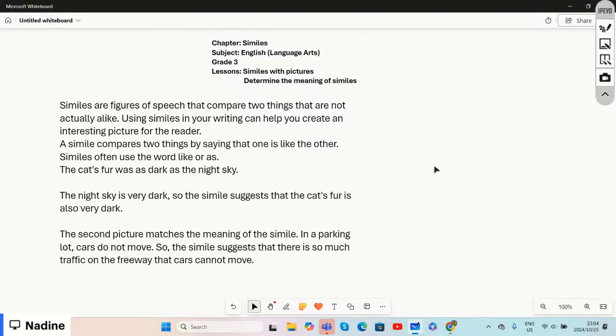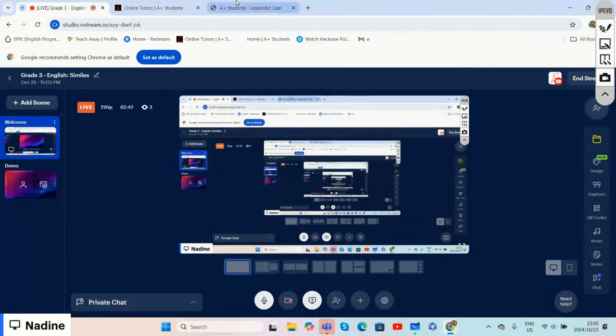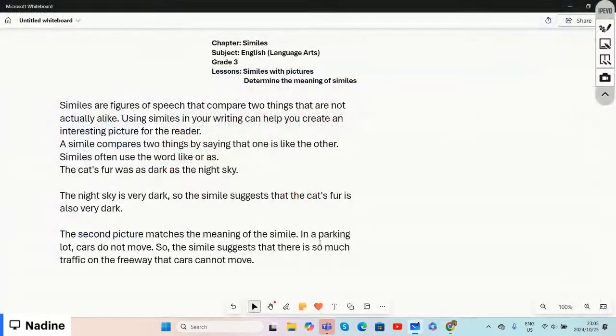And the lessons that we are going to be focusing on under the chapter of similes are similes with pictures, and we're going to determine the meaning of similes. So that is going to be our lessons for today.